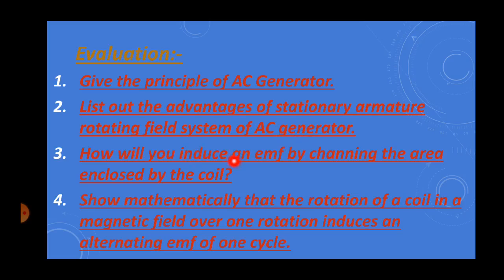How will you induce an induced EMF? By changing the area enclosed by the coil. It is 3 more questions. Then show mathematically that the rotation of the coil in a magnetic field over one rotation induces an alternating induced EMF of one cycle. So this is a very important 5 more question.